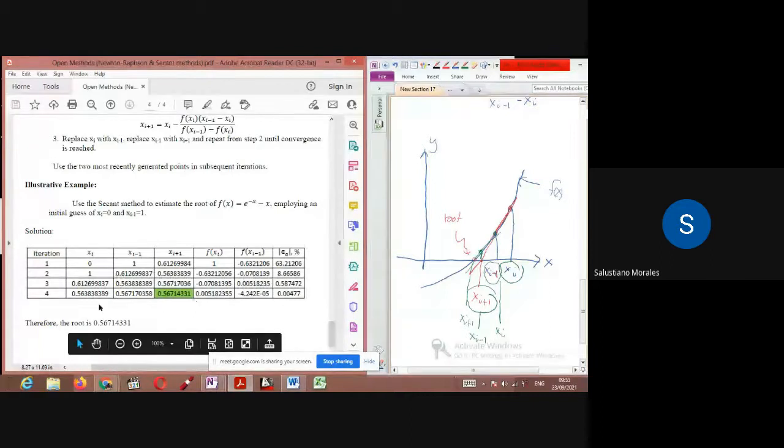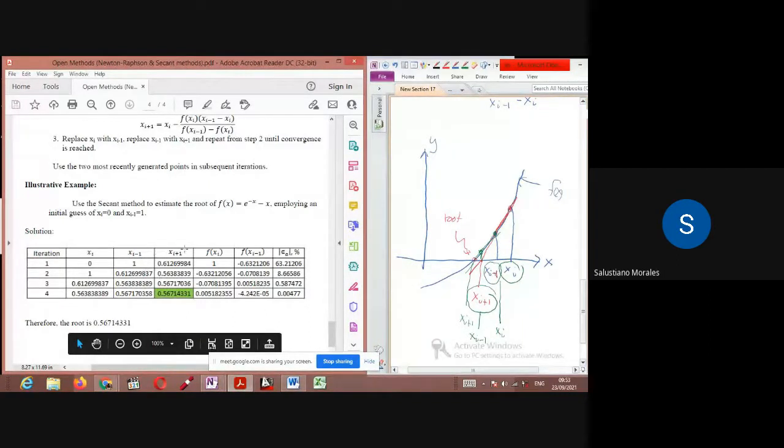So maybe another iteration to be considered, and we already arrive at a value of 0.567 as the value of the estimate root xi plus 1 with a value of relative approximate error in absolute value equal to 0.00477. So that is the solution.